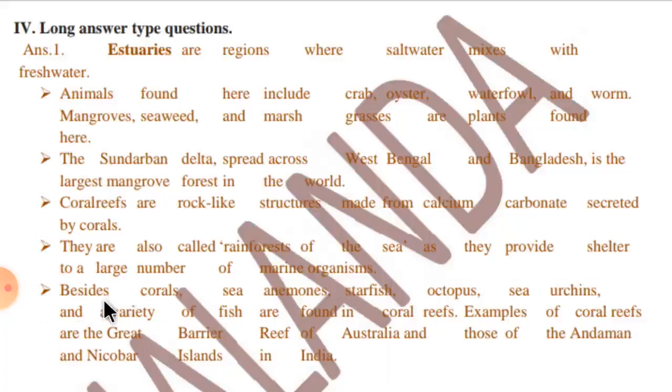Starfish, octopus, sea urchins, and a variety of fish are found in the coral reefs. Examples of coral reefs are the Great Barrier Reef of Australia and those of the Andaman and Nicobar Island in India.